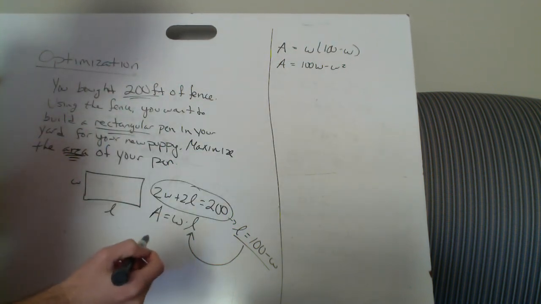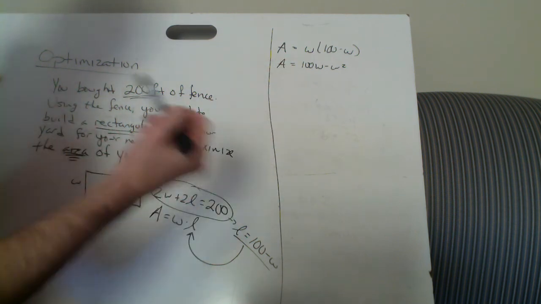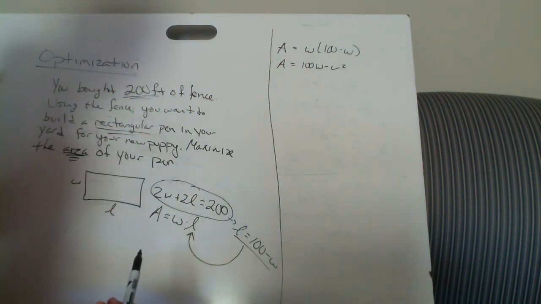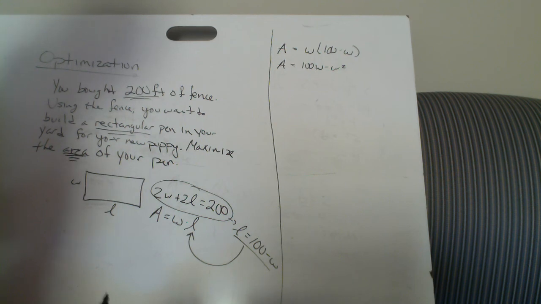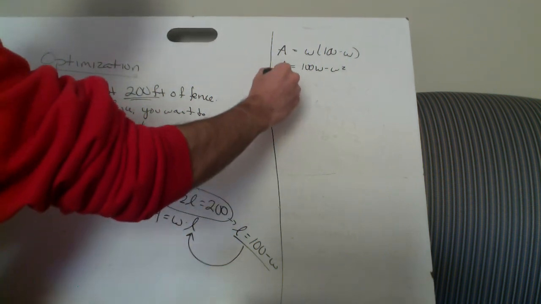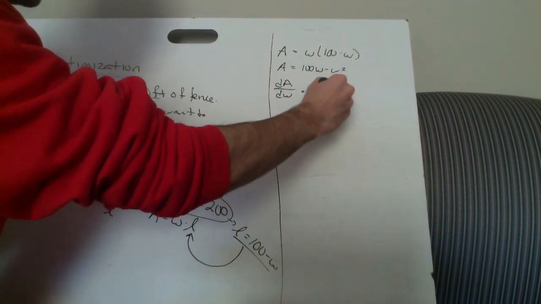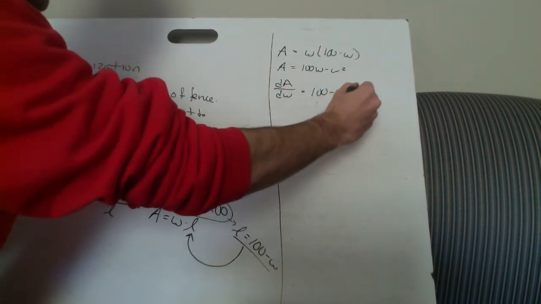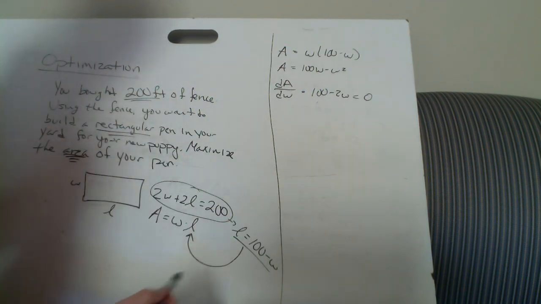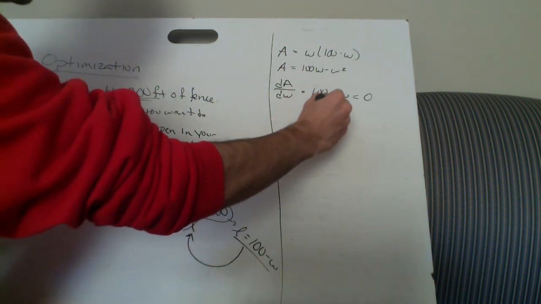Okay. Again, to maximize, take the derivative, set that derivative to 0, confirm that the derivative changes from positive to negative at that point. So the derivative of the area is going to be 100 minus 2w. Set that to 0. That means w should be 50.